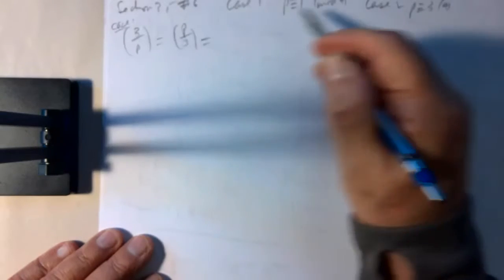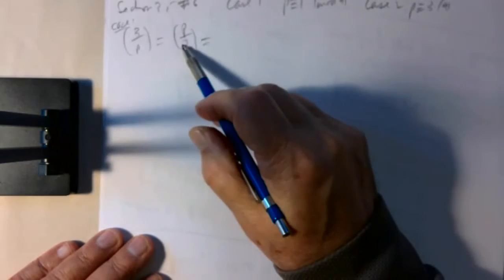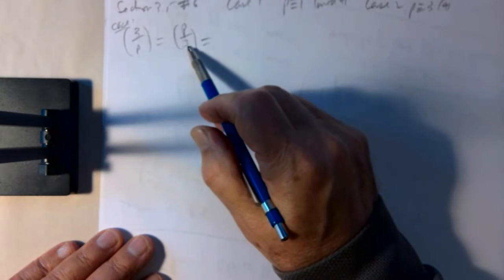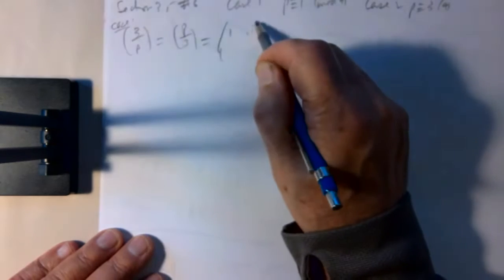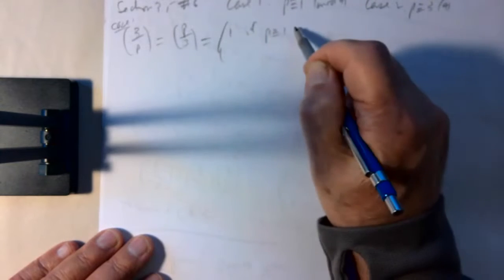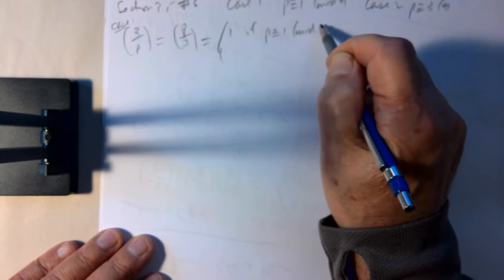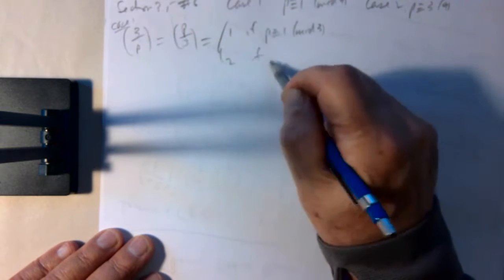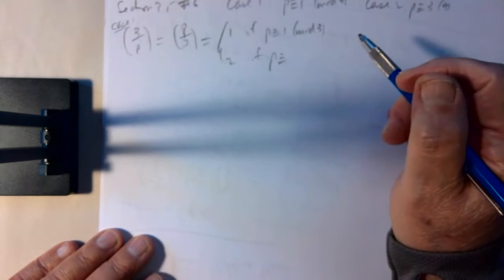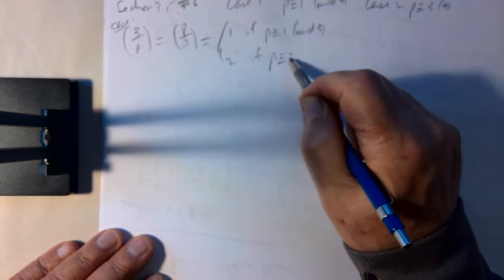What do you know about the quadratic residues mod 3? Mod 3, there are only 2 non-zero congruence classes, 1 and 2, and 1 is a quadratic residue and 2 is not. So this is equal to 1 if p is congruent to 1 mod 3, and -1 if p is congruent to 2 mod 3.